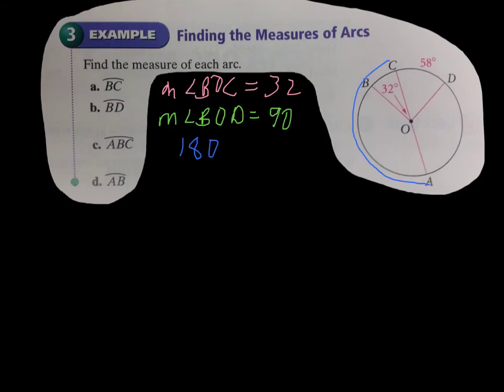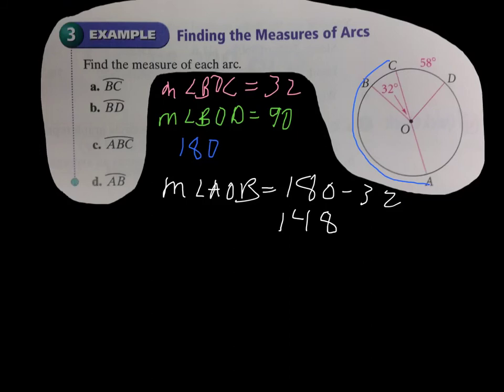And last, the measure of arc AB would be the same as the measure of angle AOB, which would be 180 minus 32 degrees, which comes out to be 148 degrees. It's the measure of arc AB. This is the measure of central angle AOB.